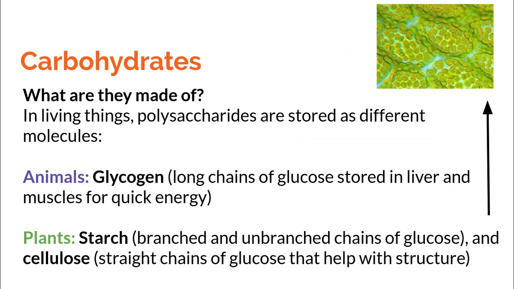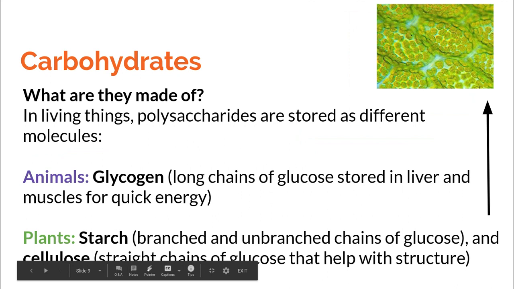We also see in plants something called cellulose, and those are straight chains of glucose that help with the plant's structure. Cellulose helps to make the structure of the plant, its stem, its bark, the support to hold the plant up. That is what cellulose does. It provides support in a plant.